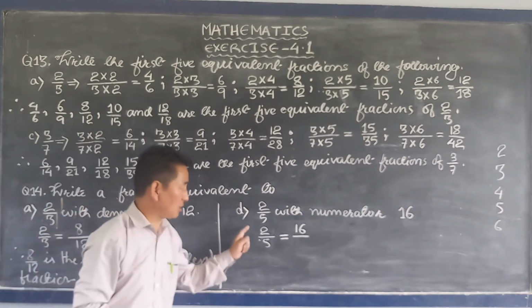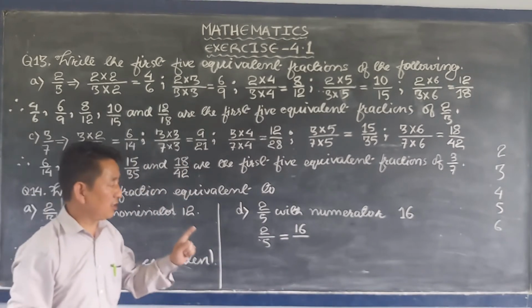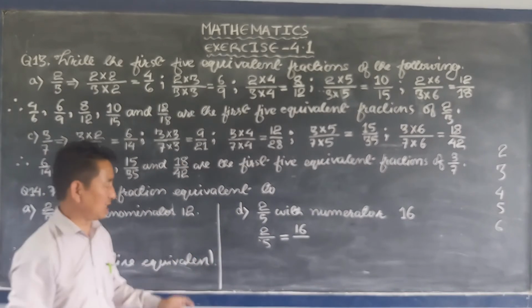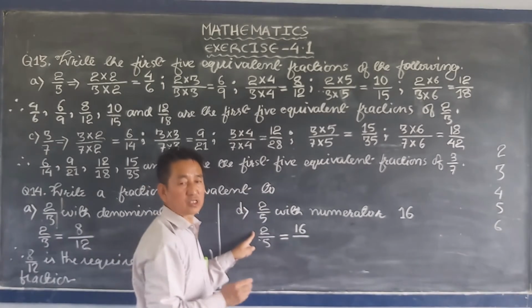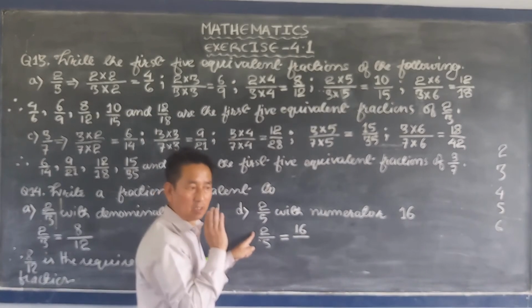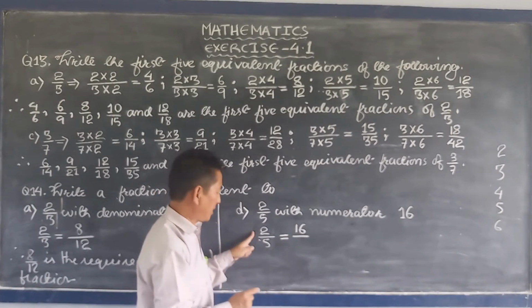Now next, 2 by 5 with numerator 16. The number which is on the top of the fraction is known as the numerator.